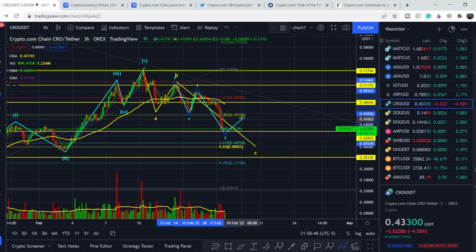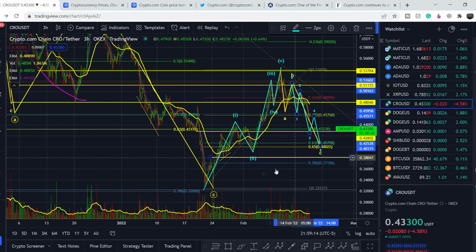Then we have to have a retracement to complete our fourth wave, and the next leg to the downside to complete the fifth wave out of the C wave. I think it is the probable roadmap, and we have to be prepared for lower price points. And right here in the golden pocket, definitely we will see a huge increase in bullish pressure, because it is the main range from the local bottom, the bottom of the C wave.